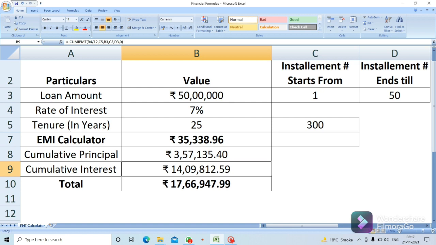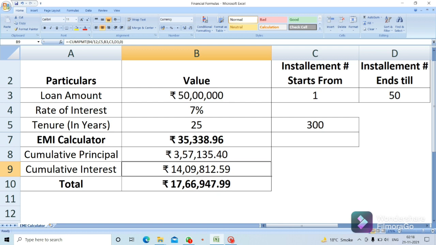As we learned in the previous video, initially the EMI consists mostly of interest and very little principal, and as the installments go on, the principal amount keeps increasing and the interest keeps decreasing. From here we see that the principal is only 3,57,000 rupees and the interest is almost 5 times that, which is 14,09,812 rupees.